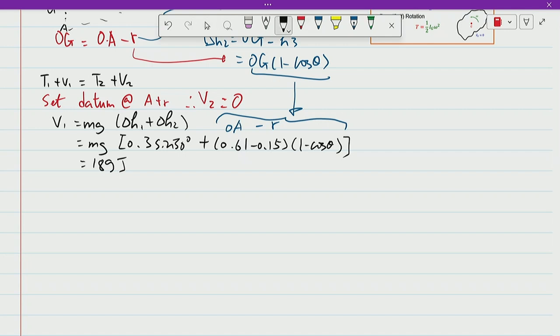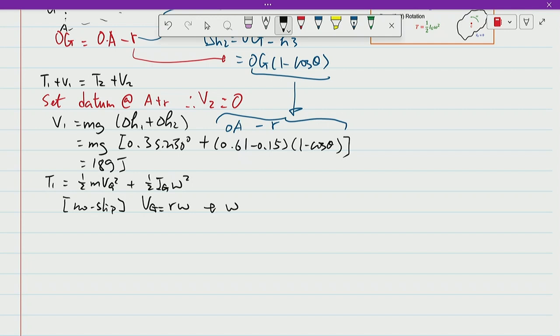We still need the initial kinetic energy, which is 1/2 m vG squared plus 1/2 IG omega squared. Again, it's rolling down, so it's going to have both vG and omega. But since there's no slip, our vG equals R omega.